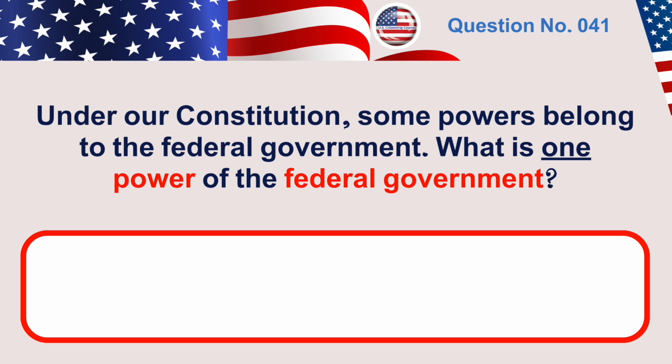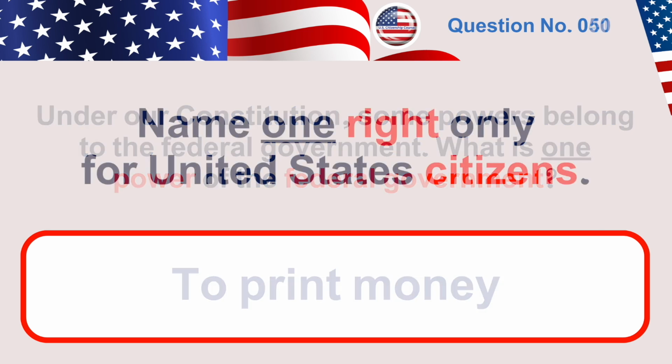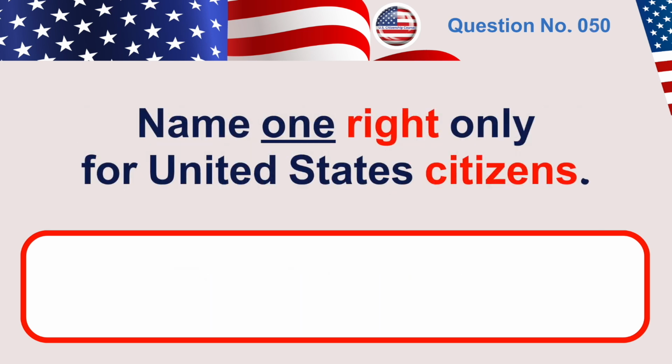Under our Constitution, some powers belong to the federal government. What is one power of the federal government? To print money. Name one right only for United States citizens.